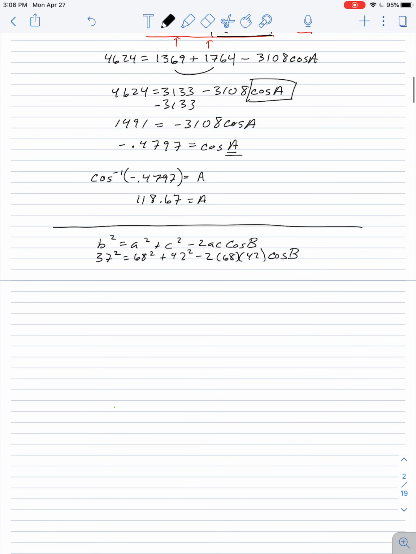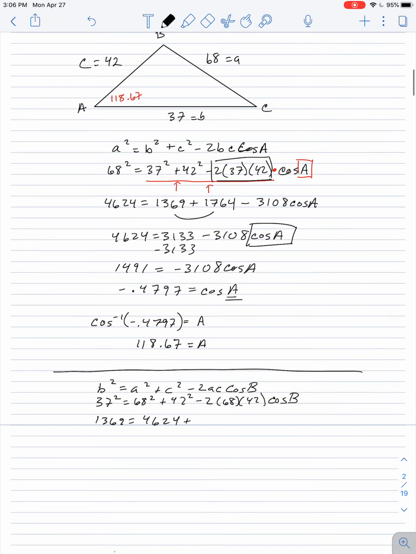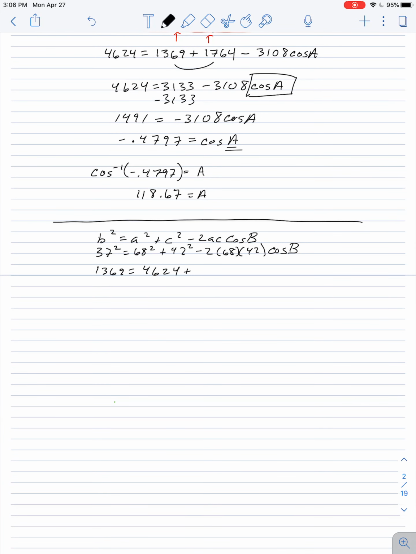I'm going to go 37 squared, 68 squared, 42 squared, 2 times 68 times 42.